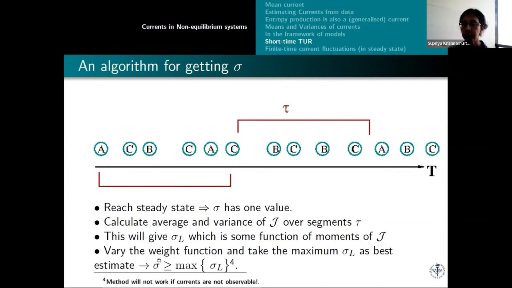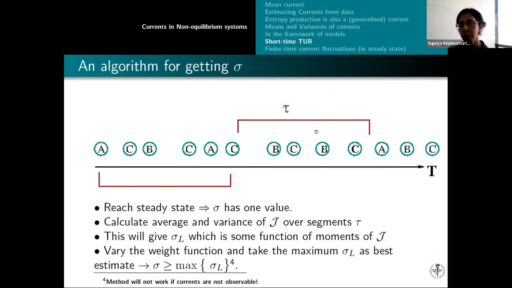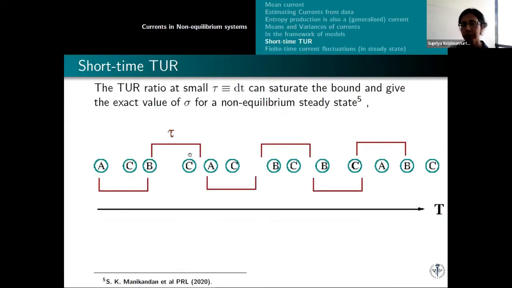And then my entropy production is guaranteed to be bounded by the max. Our result showed that if you didn't take large segment lengths, but rather chopped it up into really small segment lengths, then you get better and better bounds for your sigma. And in the limit of dt going to 0, you actually get the exact value of sigma for the underdamped Langevin equation.